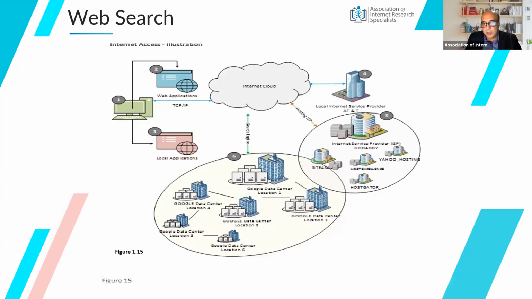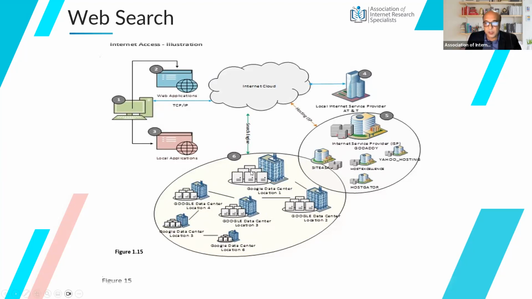So the internet service is an infrastructure which can be divided into two parts. One is what we call ISPs, or internet service providers. And then the other environment is the internet itself, which is shown in number 6 right here.